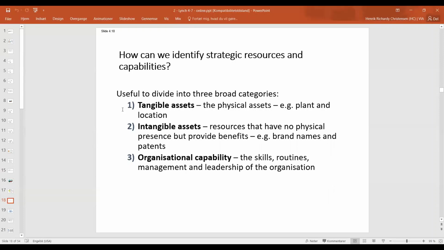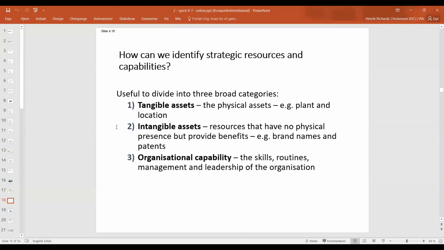Tangible resources, tangible assets. These are the physical assets that we have. Could be a plant, it could be a location, it could be machinery, it's all the things that we can kind of touch. Then we have those intangible assets that a company might possess.